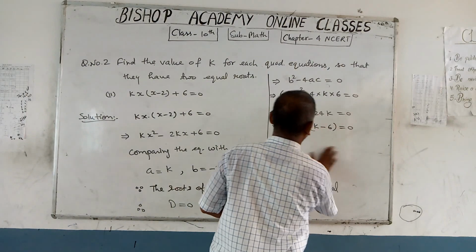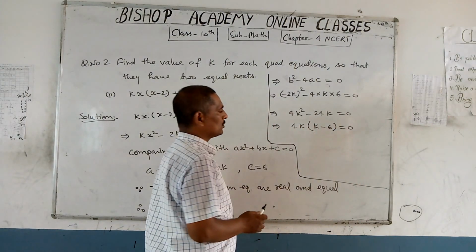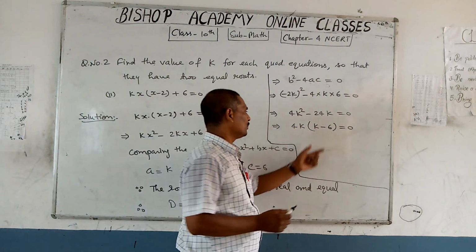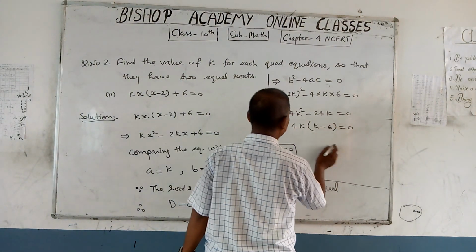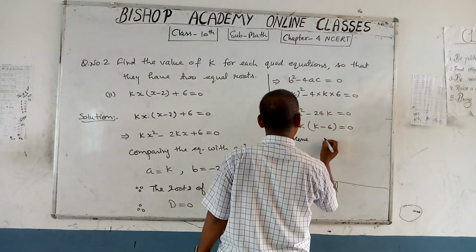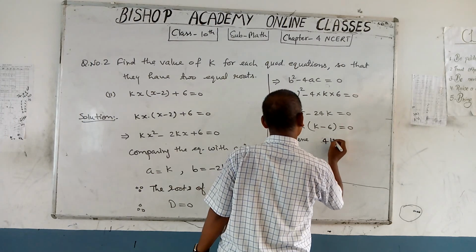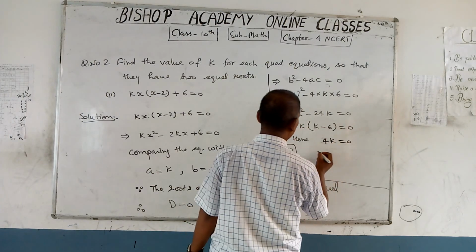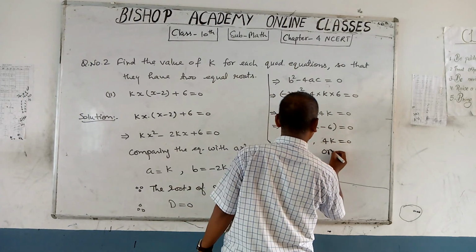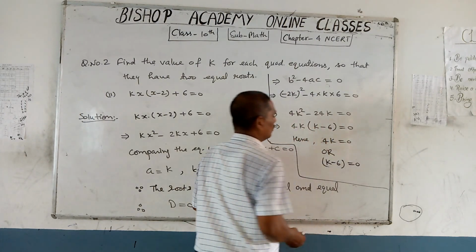Dear student, using zero product rule, this indicates here either 4k is equal to 0 or k minus 6 is equal to 0.